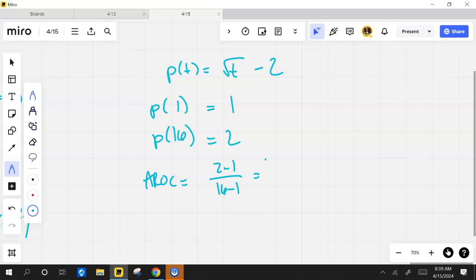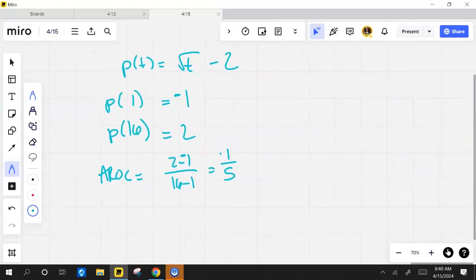This should be negative 1, right? And then I found the instantaneous rate. The derivative of the square root of t would be 1/2 t to the negative 1/2. And I find that at time, when does 1/15 equal 1/2 t to the negative 1/2?